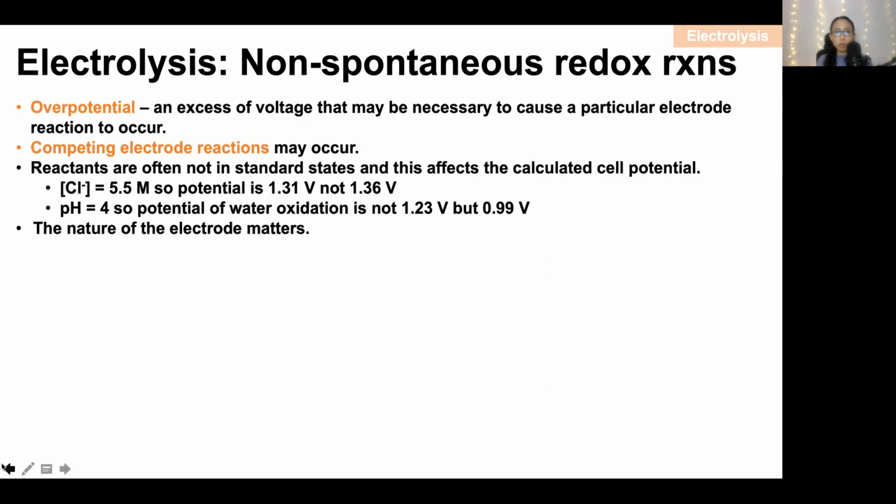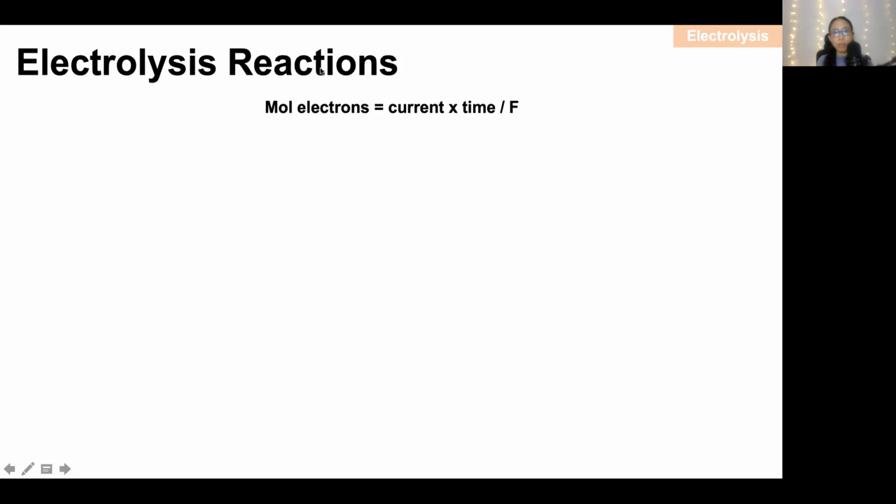Now let's go to the quantitative aspect of electrolysis reactions. So the important thing you have to remember here is the mole of electrons. Because once you are able to determine how many moles of electrons were involved in the electrolysis reaction, then you can relate that to the amount of product that you can recover from your electrolysis reaction.